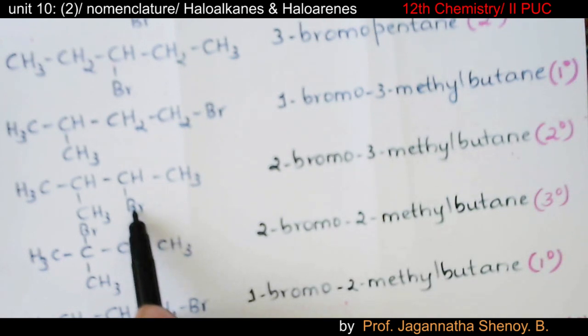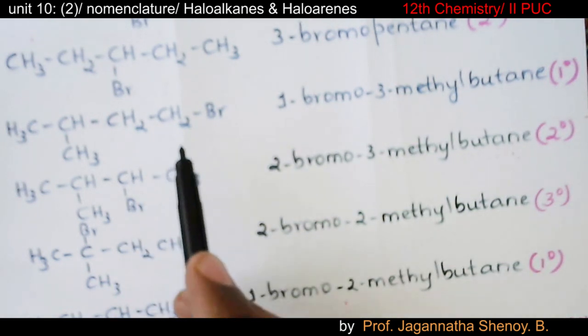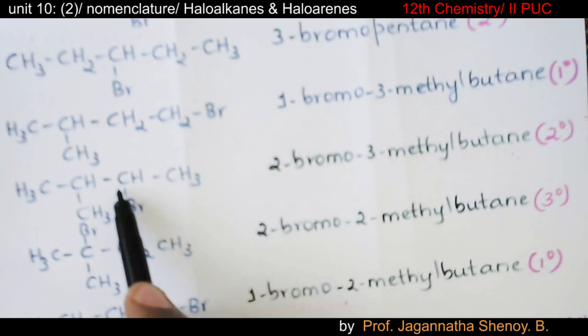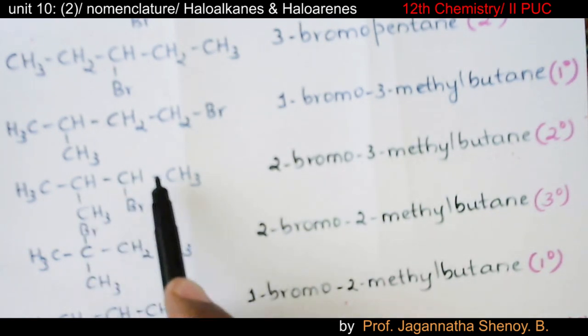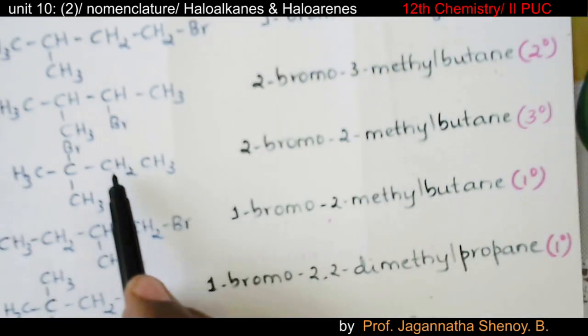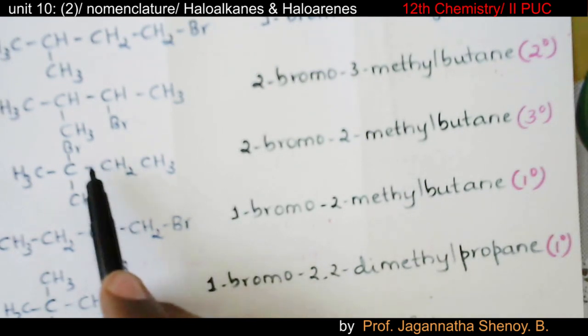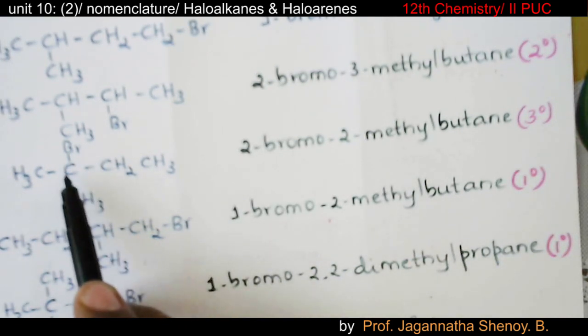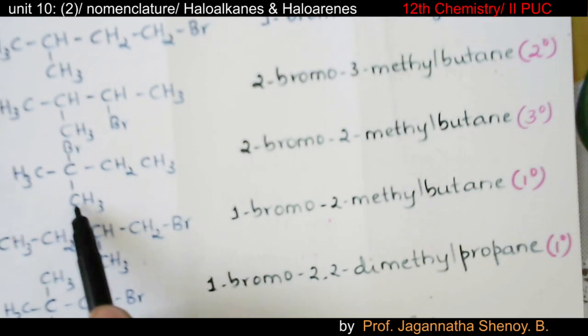Right. So again, change the position of the bromo group. The only difference is the bromo group has moved from the first carbon atom to the second carbon atom. So 2-bromo-3-methylbutane. It's again a secondary alkyl halide. Now, again, I've shifted the position of the bromo group to the carbon atom carrying the methyl group.